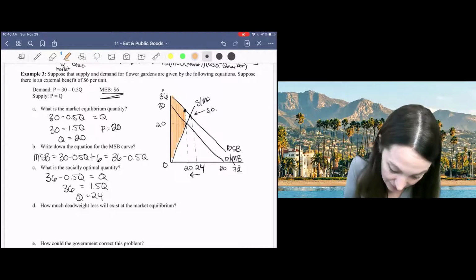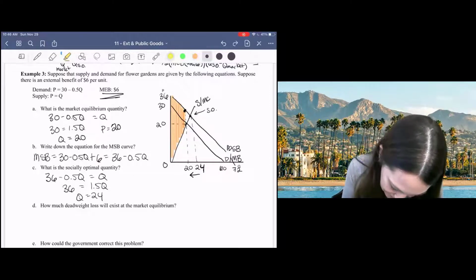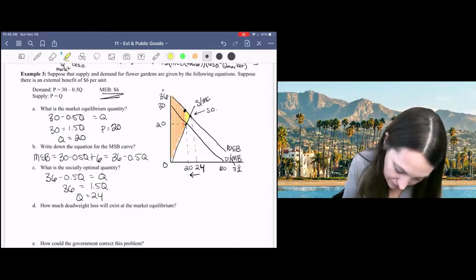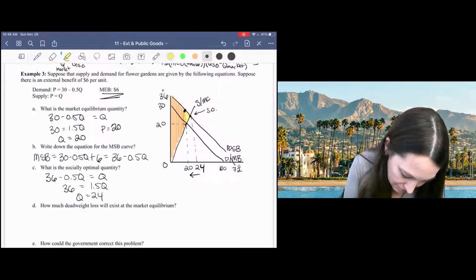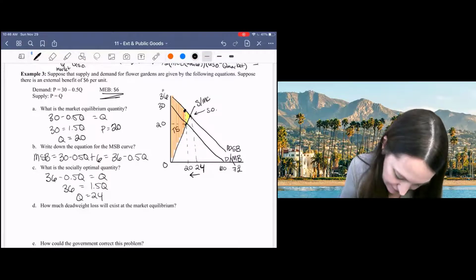So here, we only go out to 20, and I can see that there is some potential to go further out to 24. The orange area is total surplus at the market equilibrium at Q equals 20.